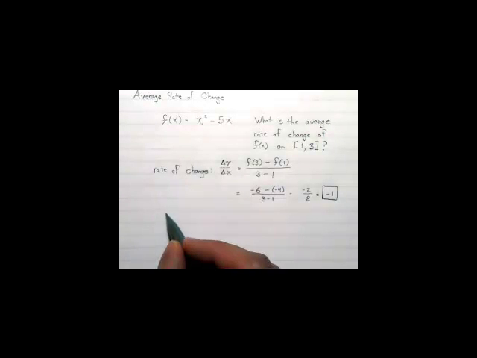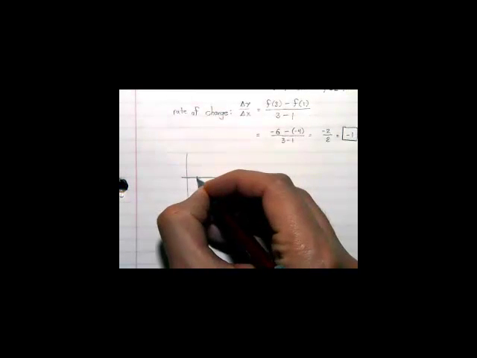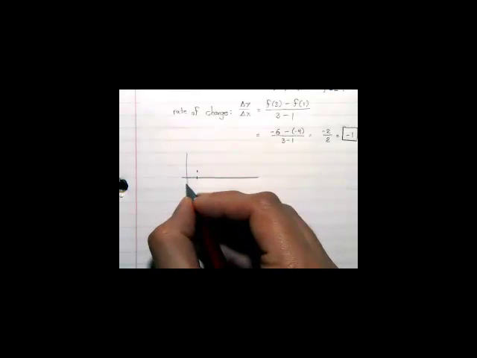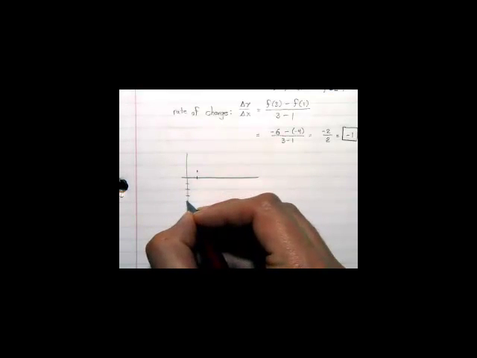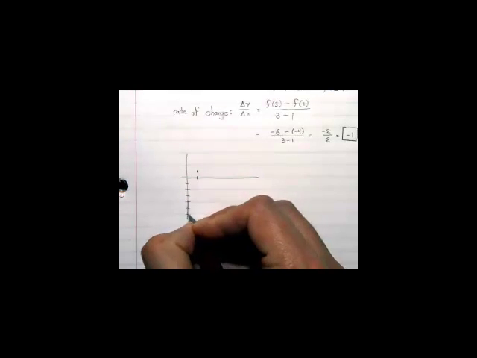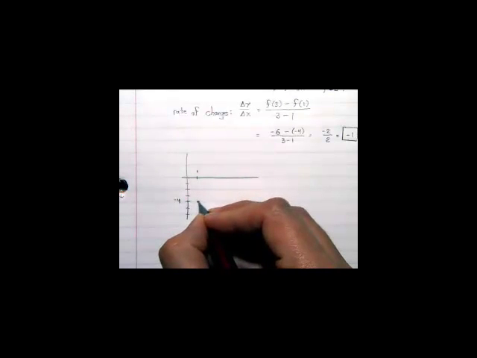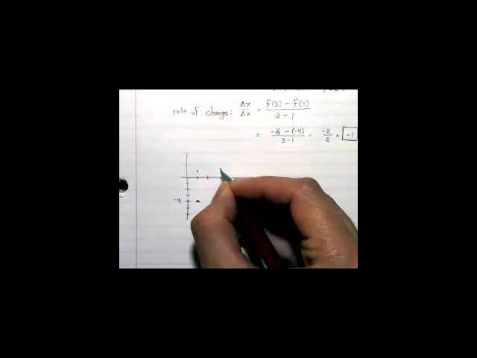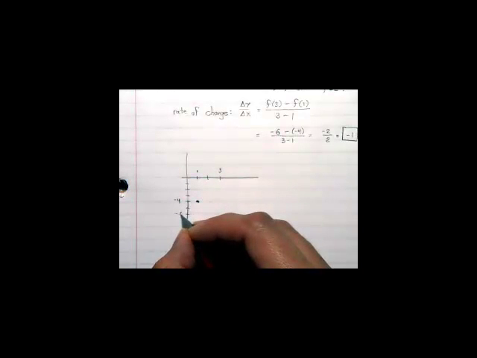Just to illustrate what we just did on a graph: for this function, f of 1 we found was negative 4, so that was here. And f of 3 was at negative 6.